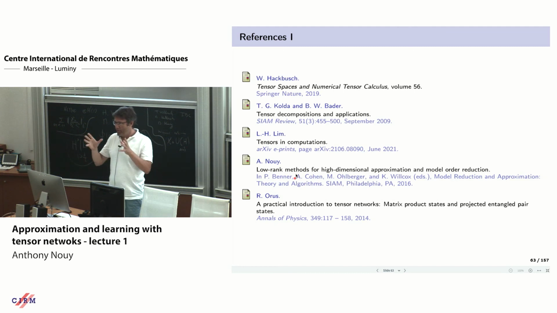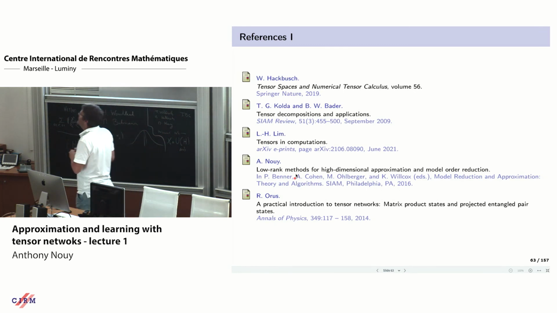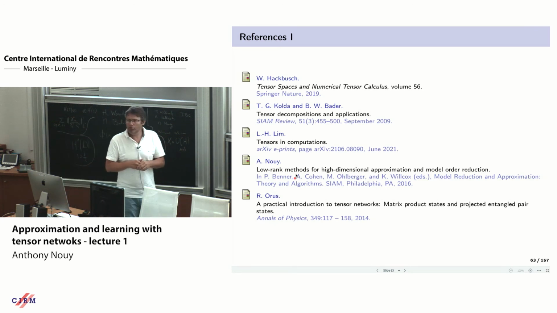You mean an operator represented in a tensor network format, a general tensor network. You will have contractions to perform. The problem will come when you want to evaluate the entries of this final object.